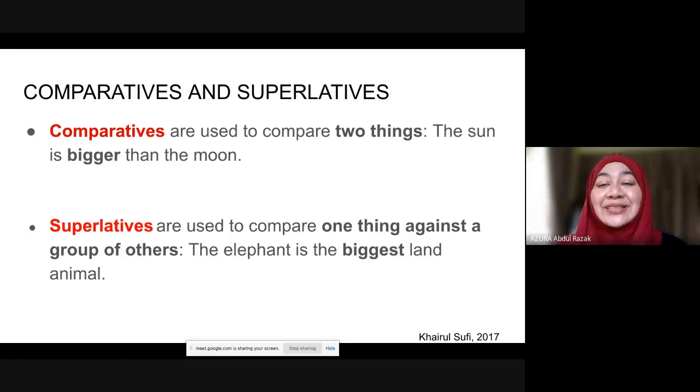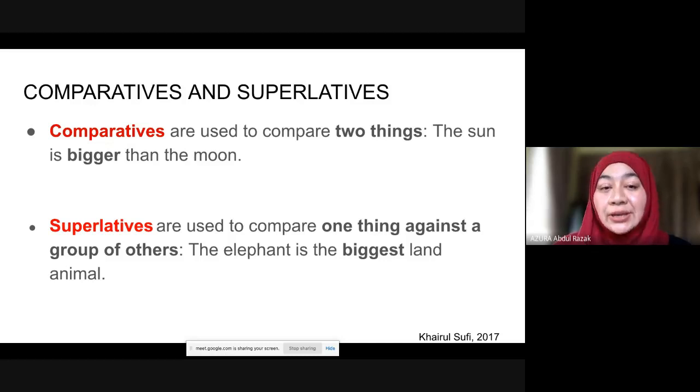Okay, so the example given here, comparatives are used to compare just two things. The sun is bigger, so use the ER, than the moon. But a superlative is used to compare one thing against a group of others. And the example given here is the elephant is the biggest land animal.